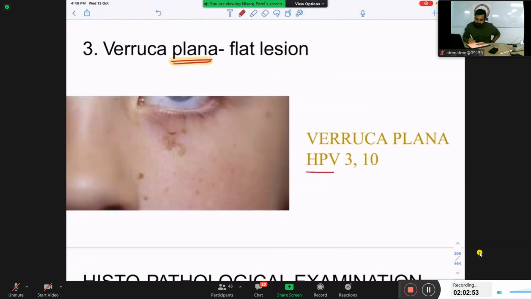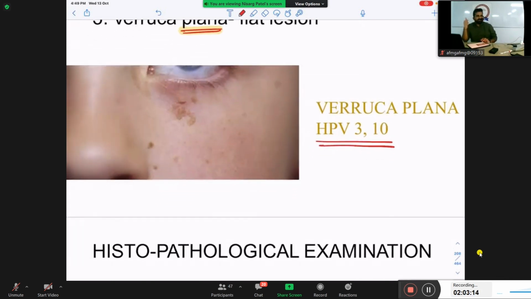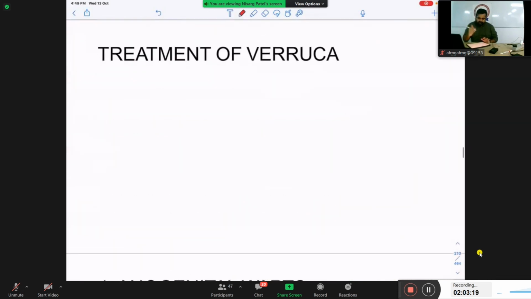Verruca plana is caused by HPV3 and 10. So only you have to remember verruca plana, 3 and 10. We already wrote that the histopathological cells present are the koilocytes. Treatment is very important. Most of the MCQs they ask are on the treatment.